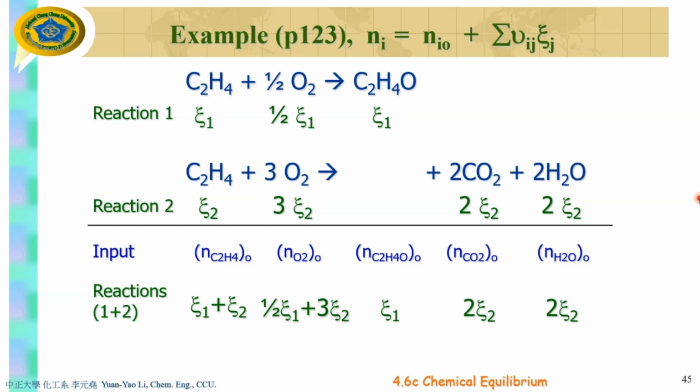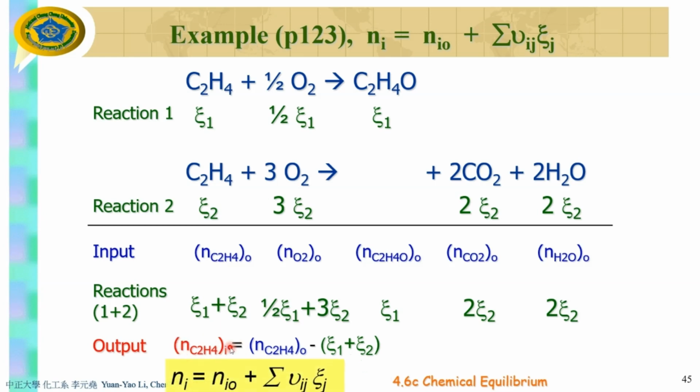Okay. So as a result, you have output. So we know that output equals input plus summation nu times Xc. So how can we write down here for this C2H4? Output will equal to what? Input plus summation nu times Xc.